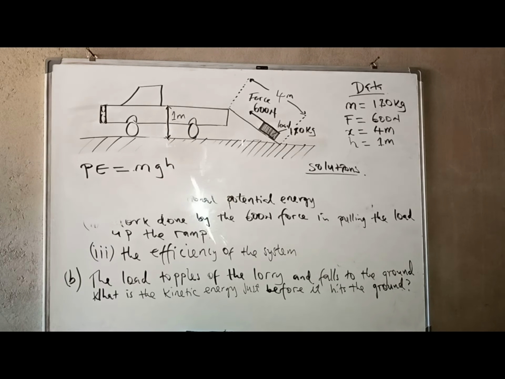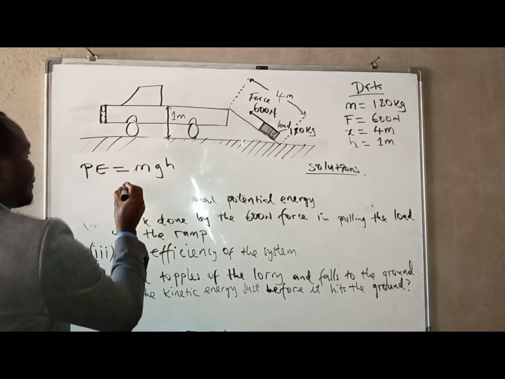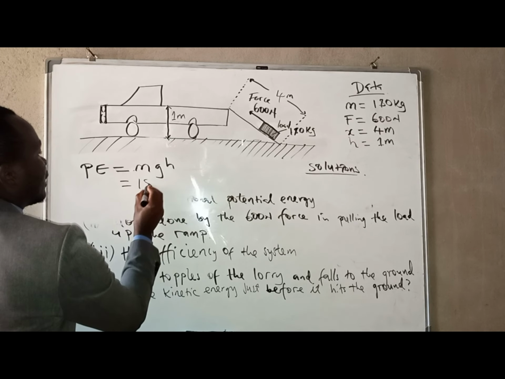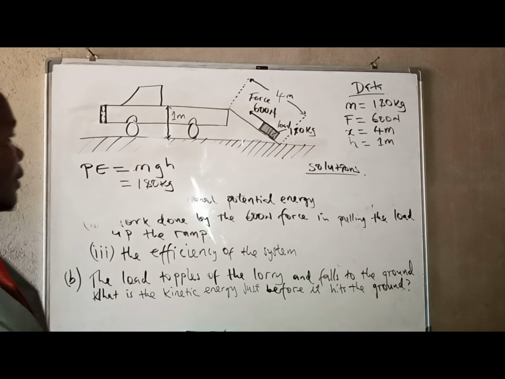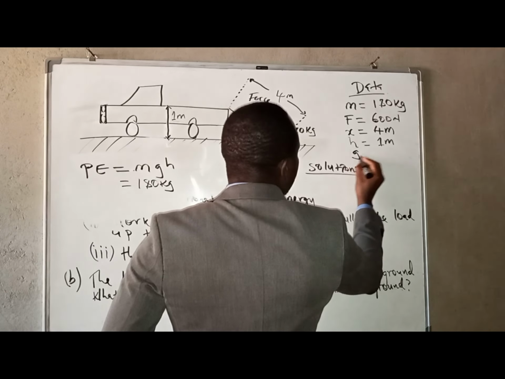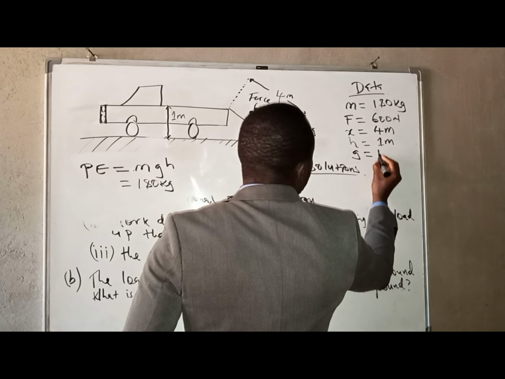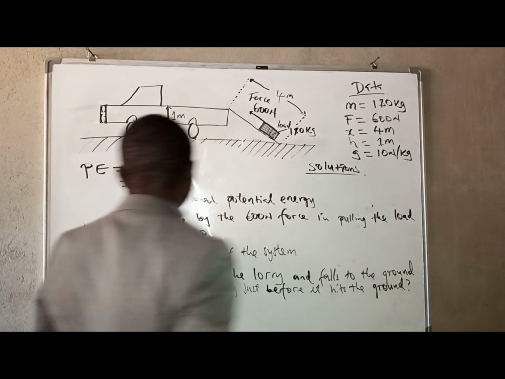So using the data that we've been given, the mass is 180 kg. Then G we've been given to be 10 newtons per kg.